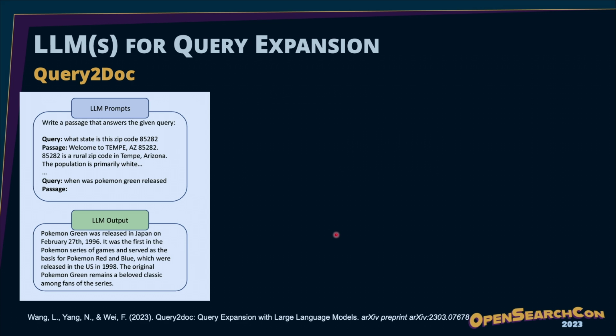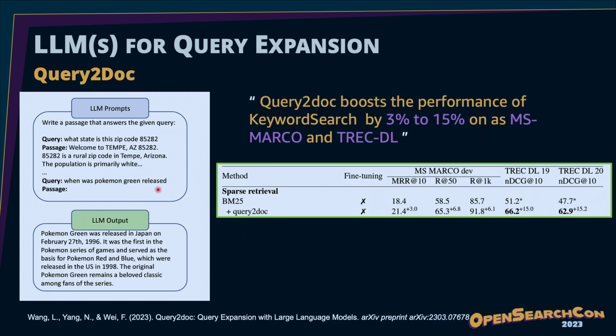For example, there is a query which is a question that could be given to an LLM, and pseudo documents can be generated, and then the same concatenation process can work. So again, this also proved that it works 3 to 15% better than the basic keyword search with this expansion technique on the query side using large language models.